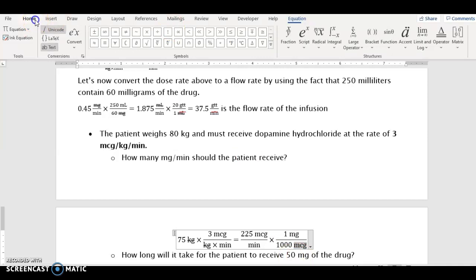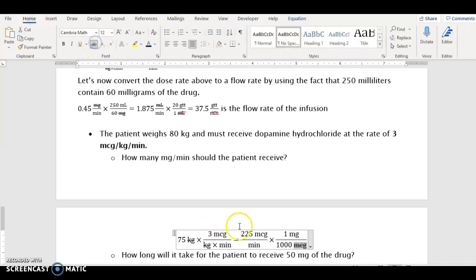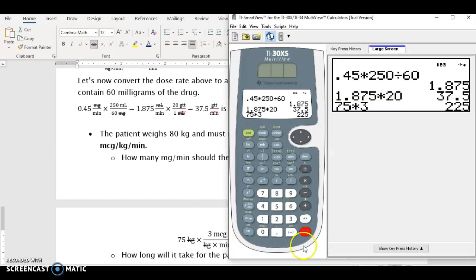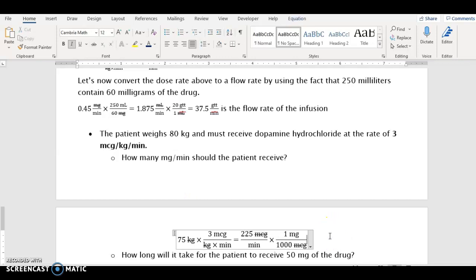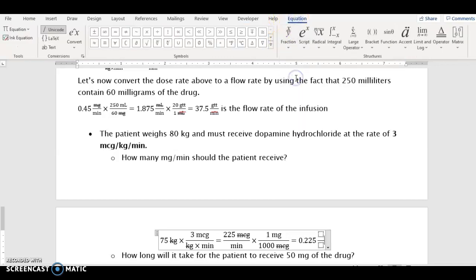So the units of micrograms are eliminated. So 225 divided by 1,000 is equal to 0.225. So it's 0.225 milligrams per minute, is the dosage rate.